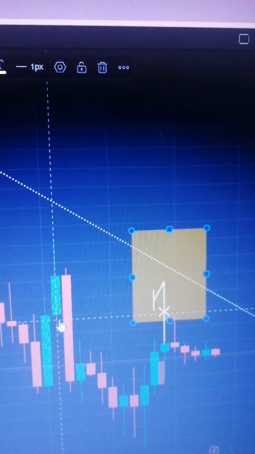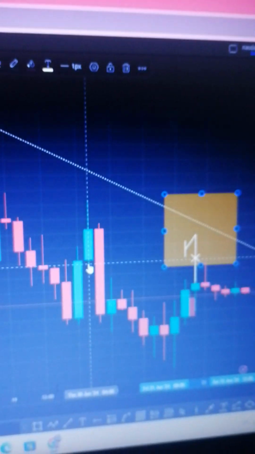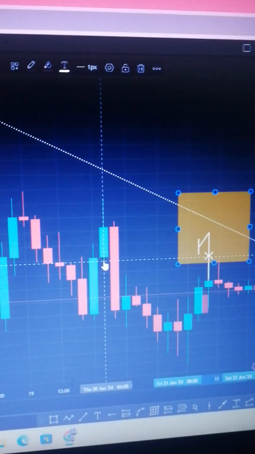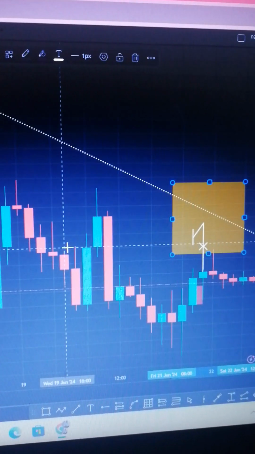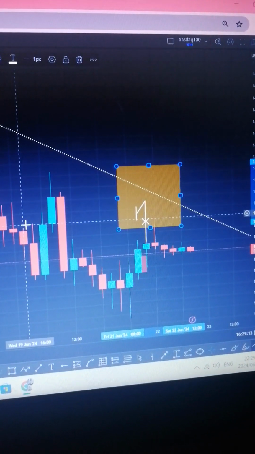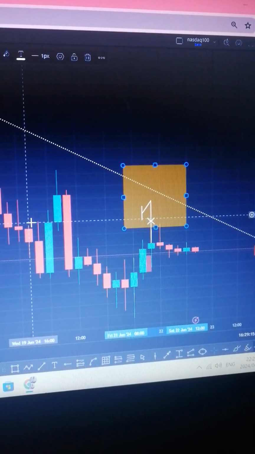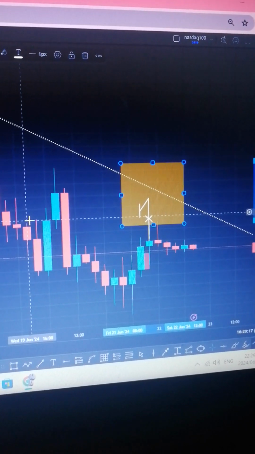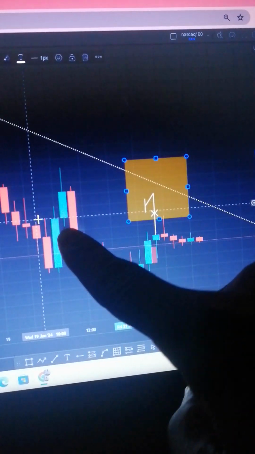If I can zoom in, you will see that we have this 4-hour order block here. This 4-hour nice order block, or we can call it again supply. This one here.